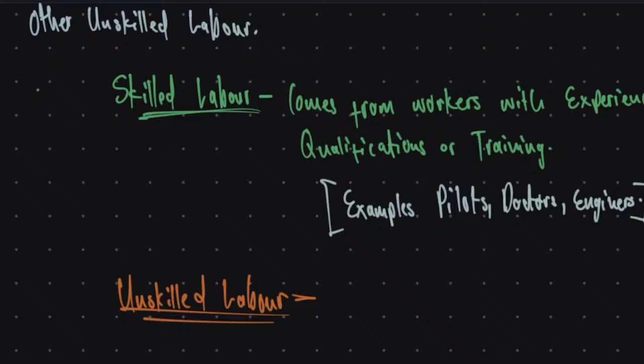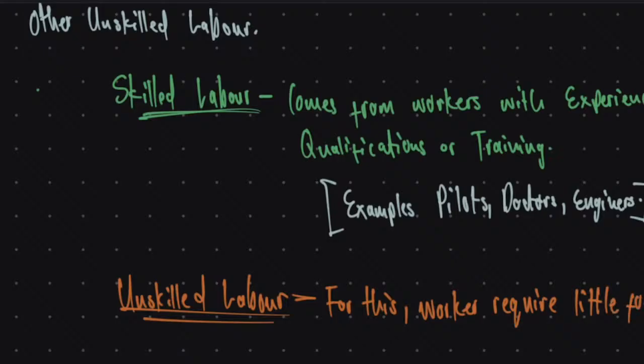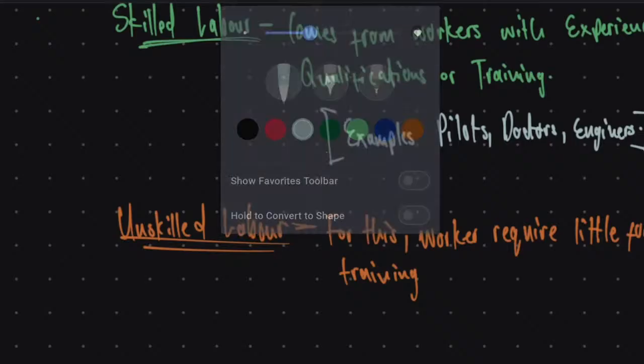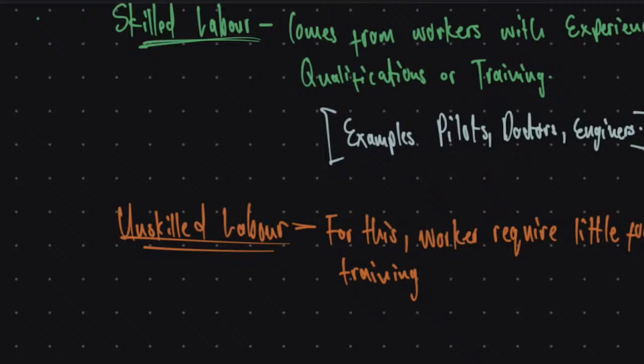Unskilled labor. For this, workers require little formal training. They need very little training, just to be told how to do this, how to put this.